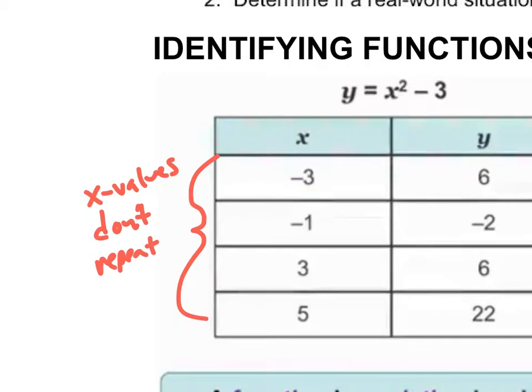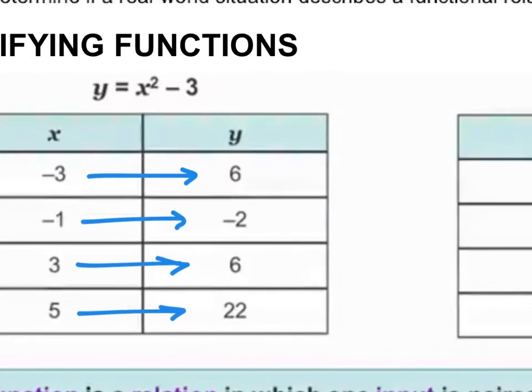So -3, -1, 3, and 5 are all different numbers, and that tells me we have a function here. Each of these values is paired with exactly one y value. Now the y values can repeat. Notice how you have 6 and 6.